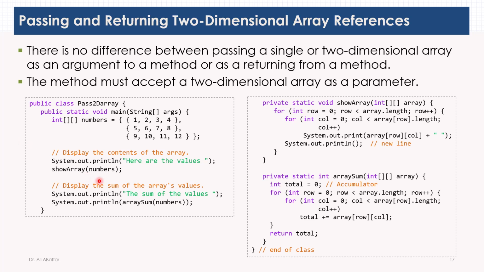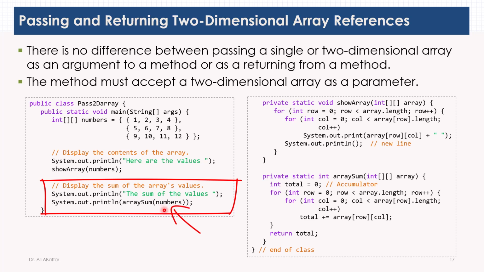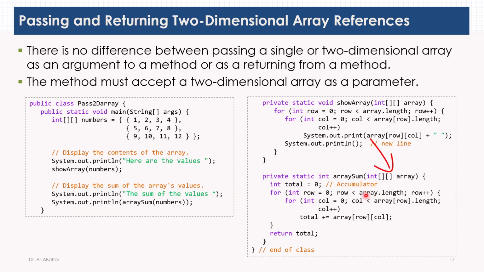And to call the other method to find the sum of all elements of the two-dimensional array, you call the name of the method and you pass the two-dimensional array as an argument. Notice how we are passing the two-dimensional array. You simply give it the name without any square brackets. And notice how we are defining the formal parameter for the method arraySum. It is defined as a two-dimensional array of integers.